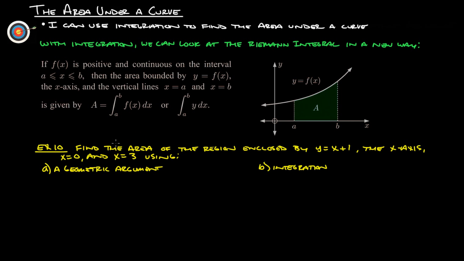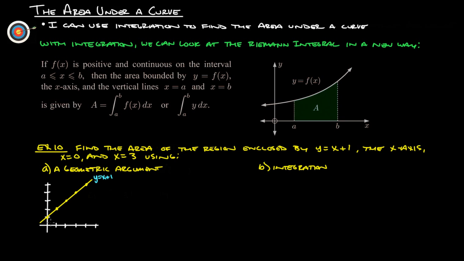Okay, so using this idea, find the area of the region enclosed by y equals x plus 1, the x-axis, and x equals 0 and x equals 3, using a geometric argument and then integration. I took a few seconds here to draw this out. So here's the y equals x plus 1 line right here.